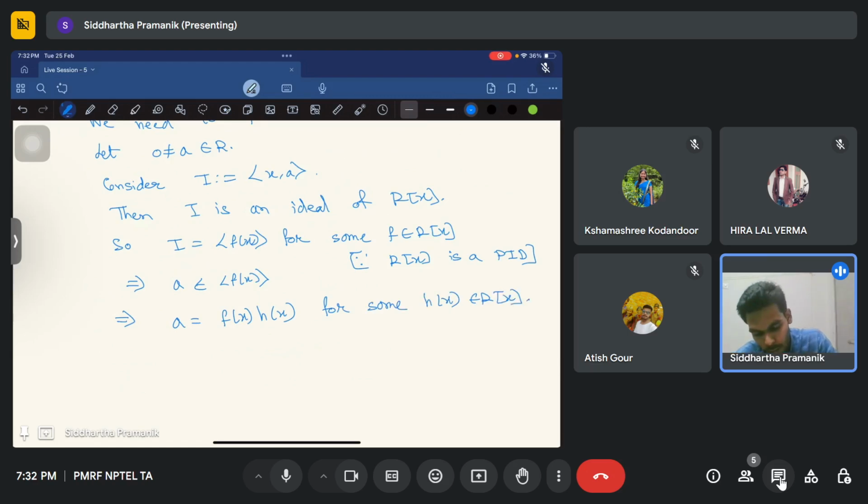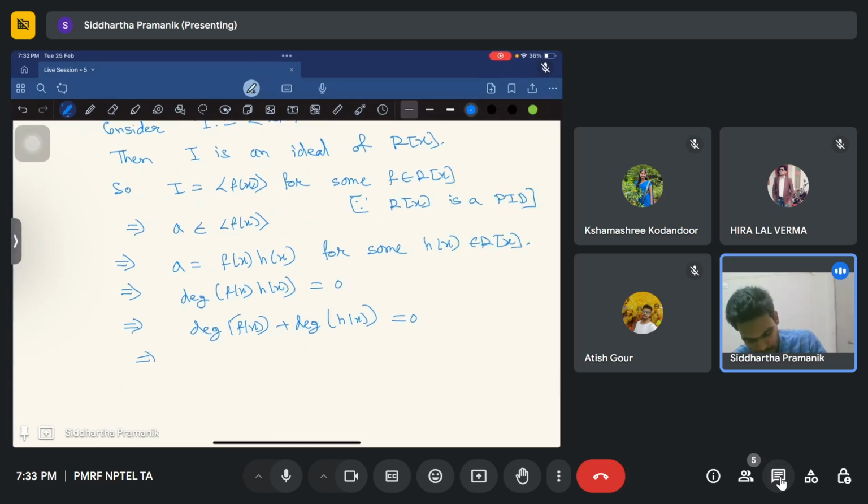Now you compare the degree of the polynomials on both sides. On the left you have a constant term, so its degree is 0. On the right also the degree must be 0. So the degree of f(x)h(x) is 0, but this degree is actually degree of f(x) plus degree of h(x).